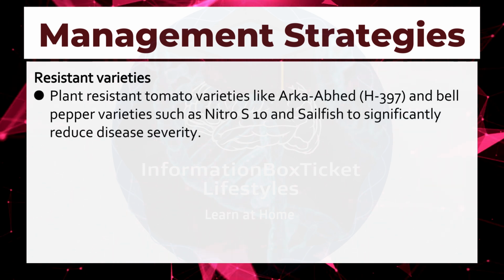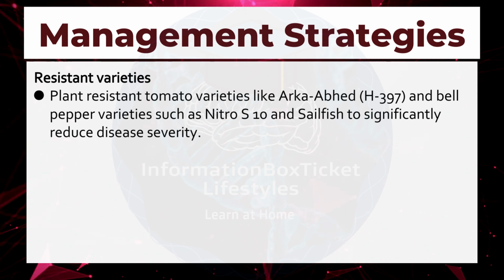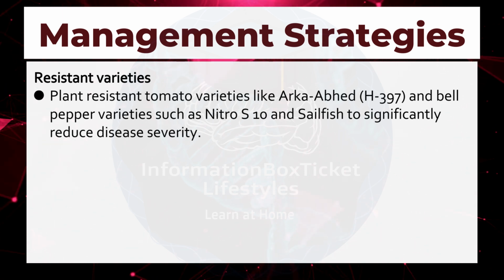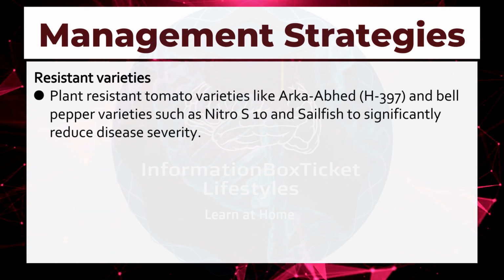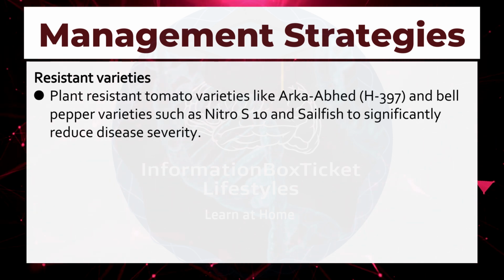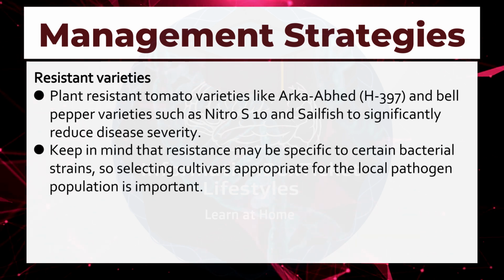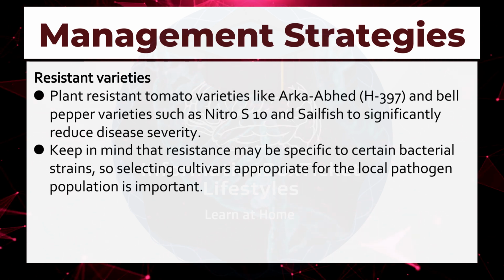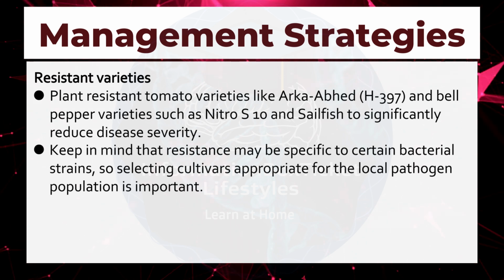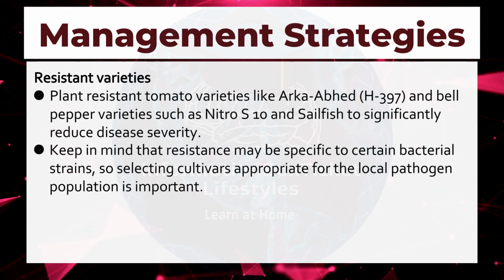Plant-resistant tomato varieties like Arca abhed H397 and bell pepper varieties such as Nitro S10 and sailfish to significantly reduce disease severity. Keep in mind that resistance may be specific to certain bacterial strains, so selecting cultivars appropriate for the local pathogen population is important.